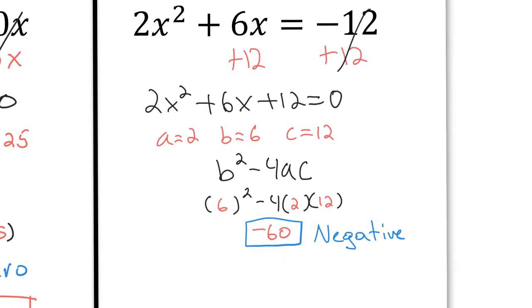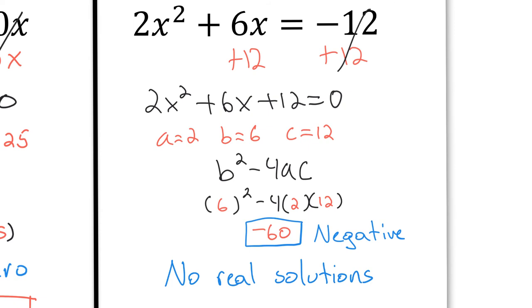So what that means, let me just write that down first. No real solutions. So what that means is your parabola will not cross or touch the x-axis. So the U-shape is going to be on top of the x-axis going up or on the bottom of the x-axis going down. But it will never touch, it will never cross the x-axis. Now, what does it mean by saying no real solution? Remember that in the number system, we have two types of numbers, real numbers and imaginary numbers.